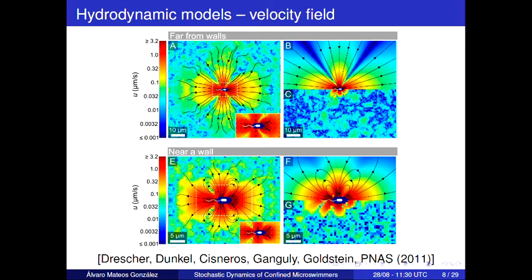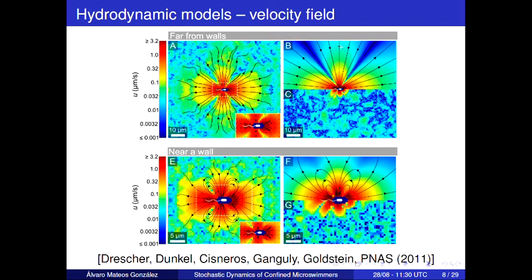You have field lines represented in figures A, B, E, and F. Figures A, B, C correspond to what happens far from a wall, so far from the boundaries of the domain. And the bottom graphs correspond to what happens close to the boundary of the domain. So, left column, A and E correspond to observations. That's why the lines are a bit wiggly and not perfectly straight.